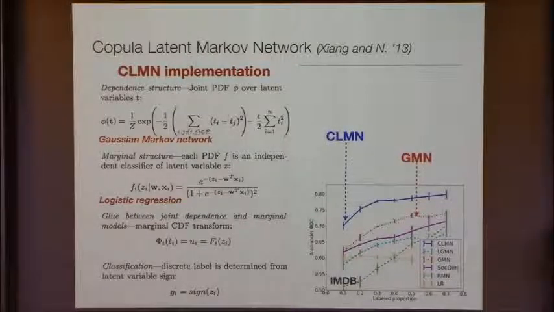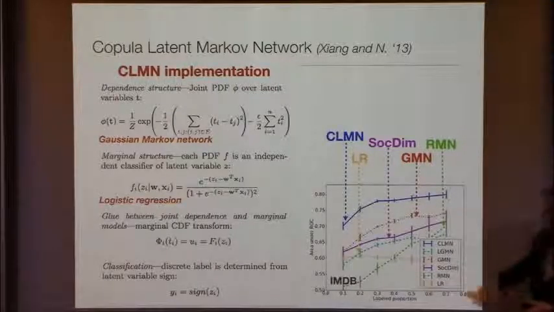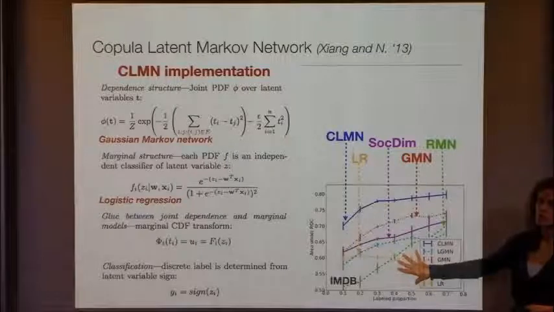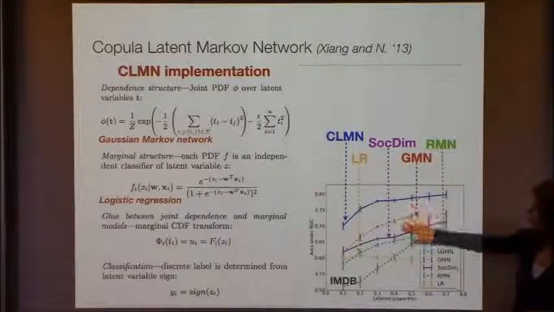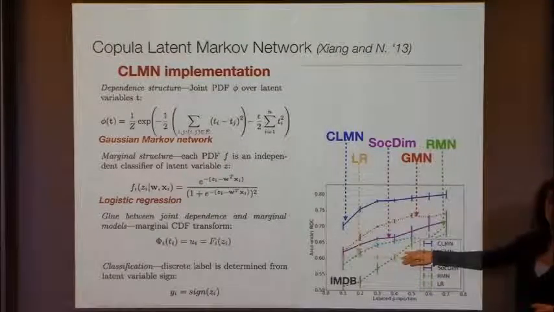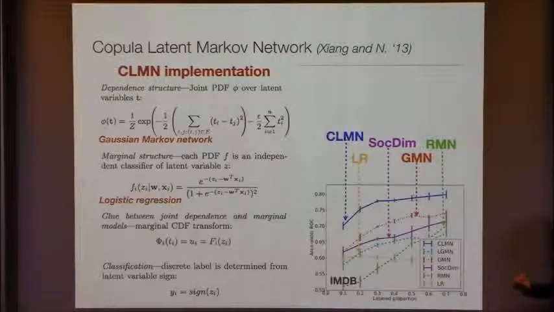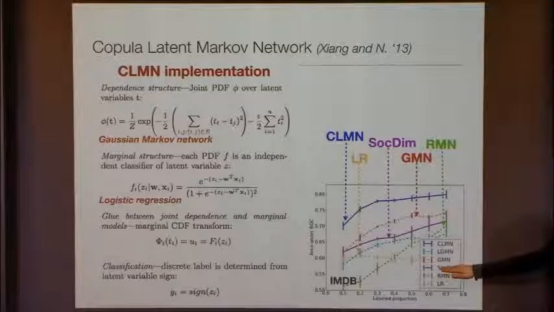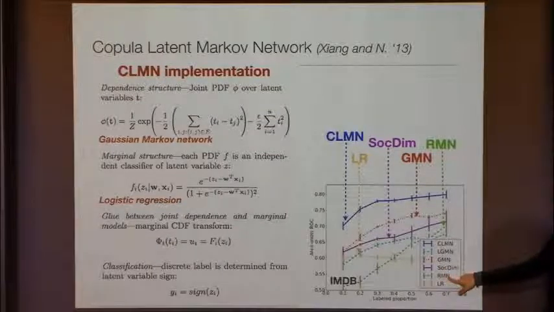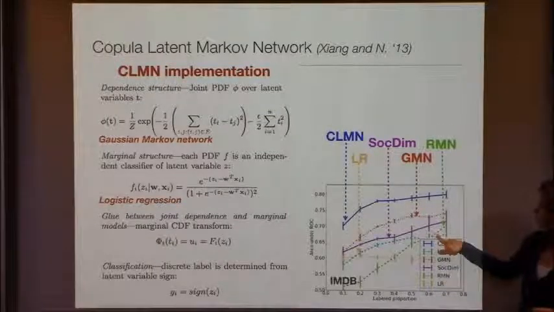set of, I thought these would all animate out for you, so this shows you an example of the kind of results we see on real data compared to a number of different kinds of relational models here, including some that are more feature-based, like this social dim model. And this RMN is the Markovian relational model.